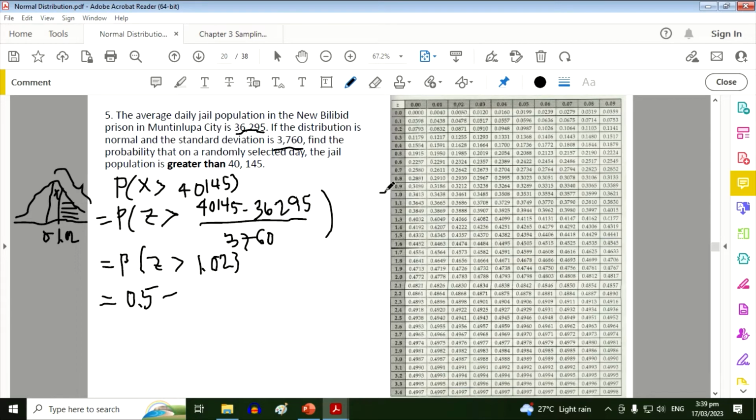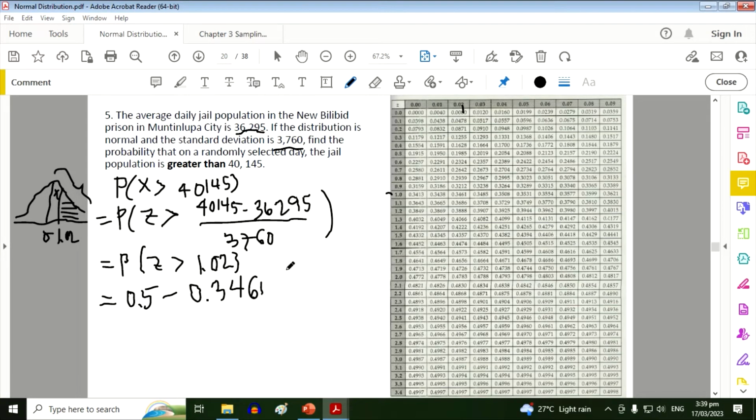So 1.0 is here, 0.02 is here on top, so we have 0.3461.